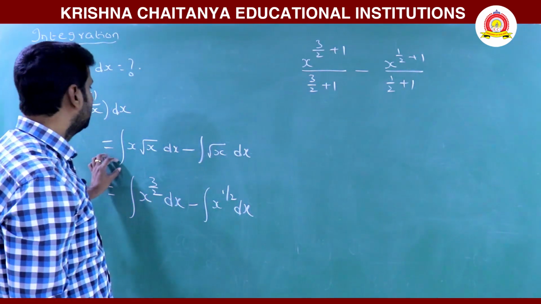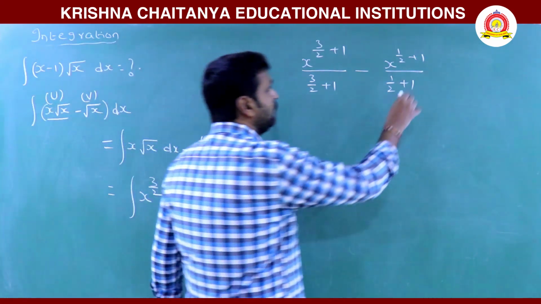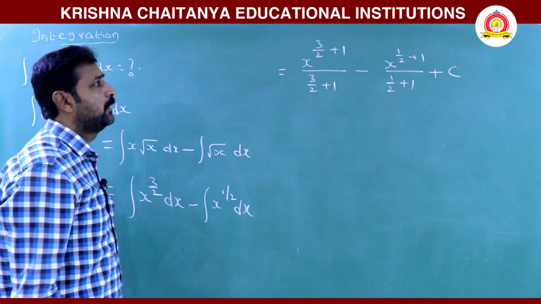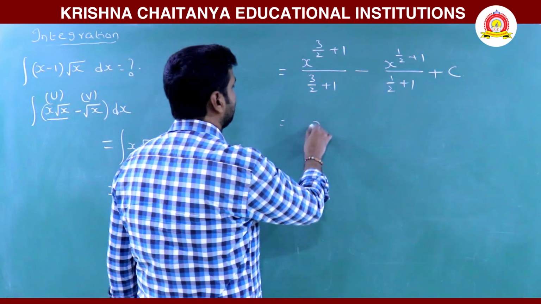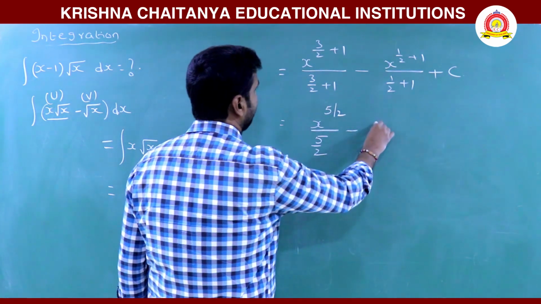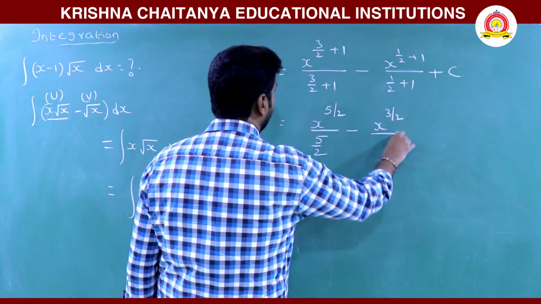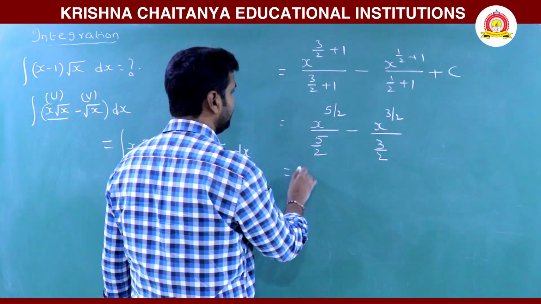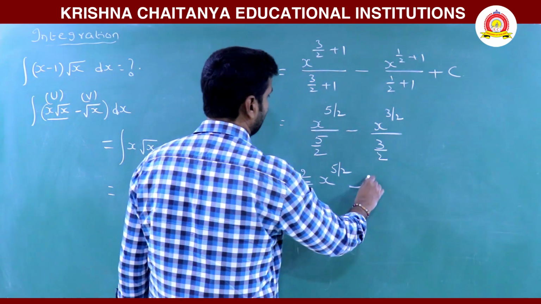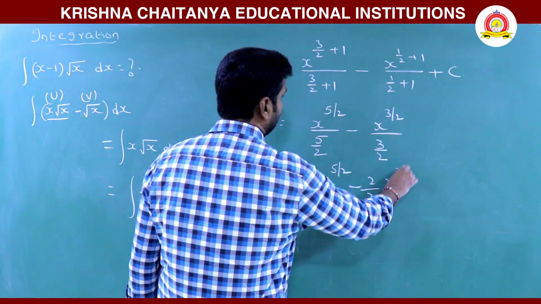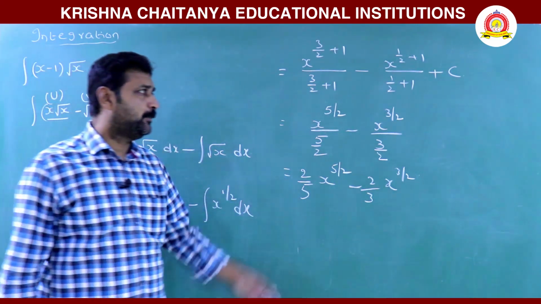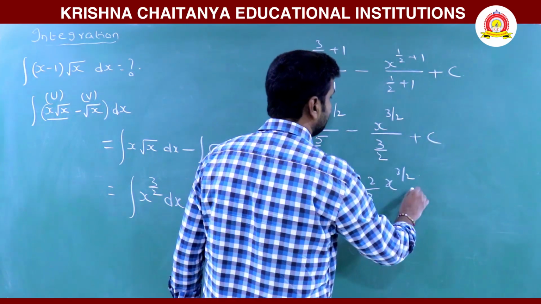Since limits were not given, we have to write an integration constant c. Now it will be x power 5 by 2 by 5 by 2 minus x power 3 by 2 by 3 by 2. So this is 2 by 5 x power 5 by 2 minus 2 by 3 x power 3 by 2, and the final result is obtained with plus c.